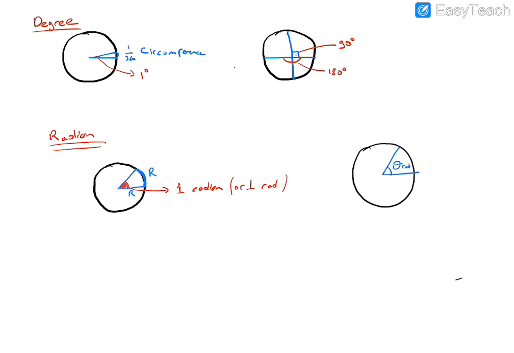The radian measure of this angle equals the arc length, which arc length? This arc length, this is s, over the radius. The radius is denoted by r, so this is the radius. So that formula is theta radian equals s over r.